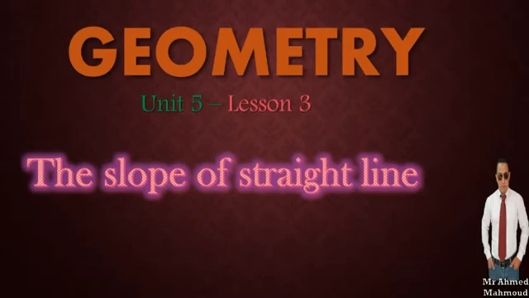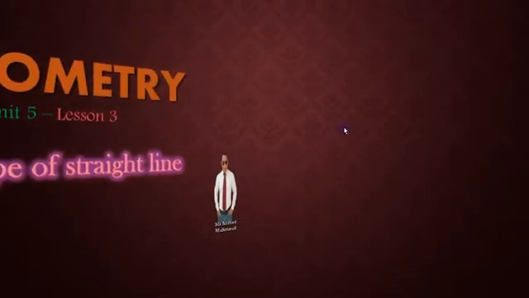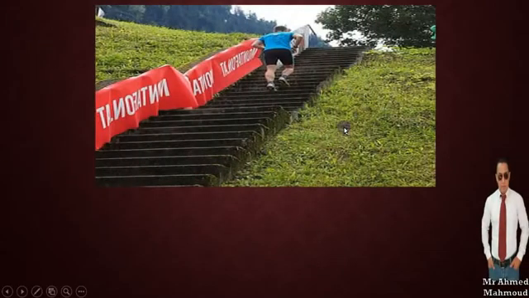The slope is the ratio that makes the straight line inclined with the horizontal level. The horizontal level means the level of the ground. By looking at the next picture, this is stairs. These stairs are inclined with the horizontal level by an angle.